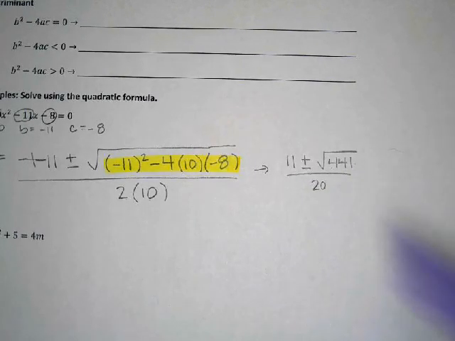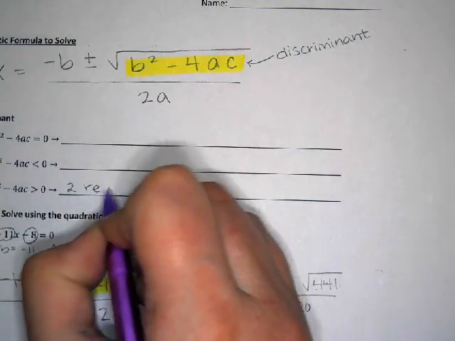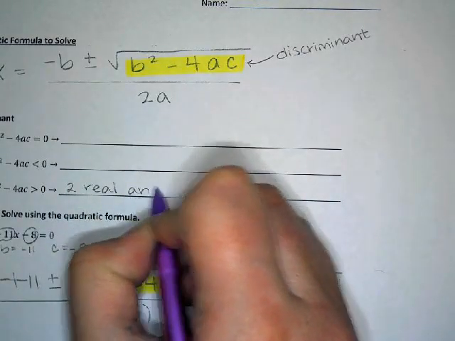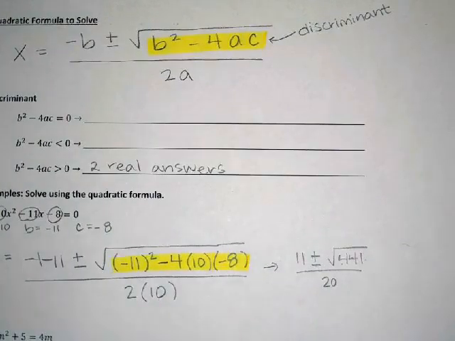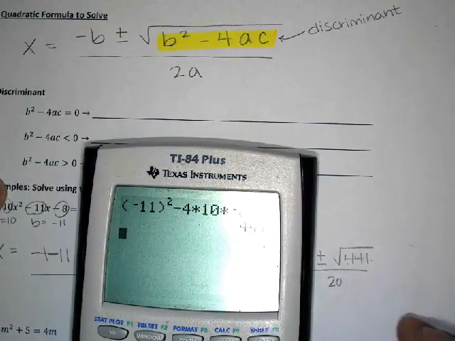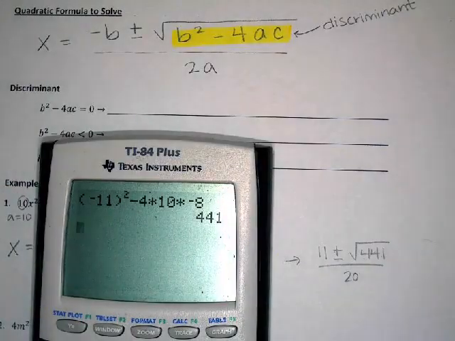So that's 2 answers. Okay? So we're going to get 2 real answers. Okay? 2 real answers. All right, so we're going to type this in on our calculators. This is a fraction. How do I get a fraction on my calculator?